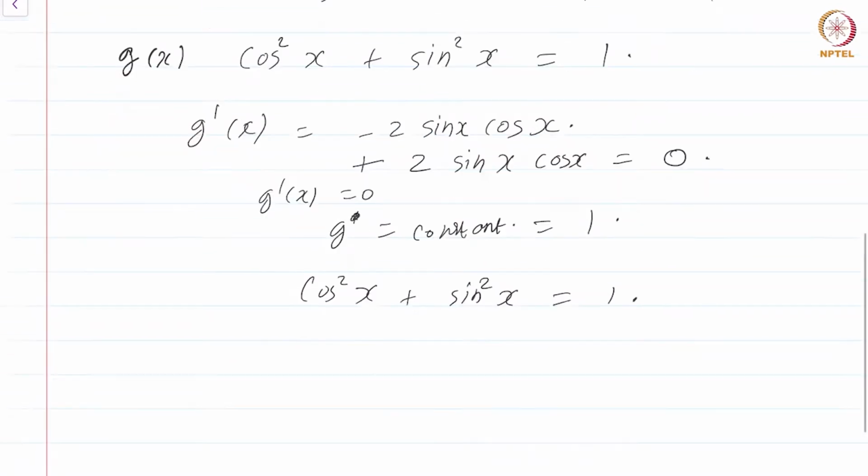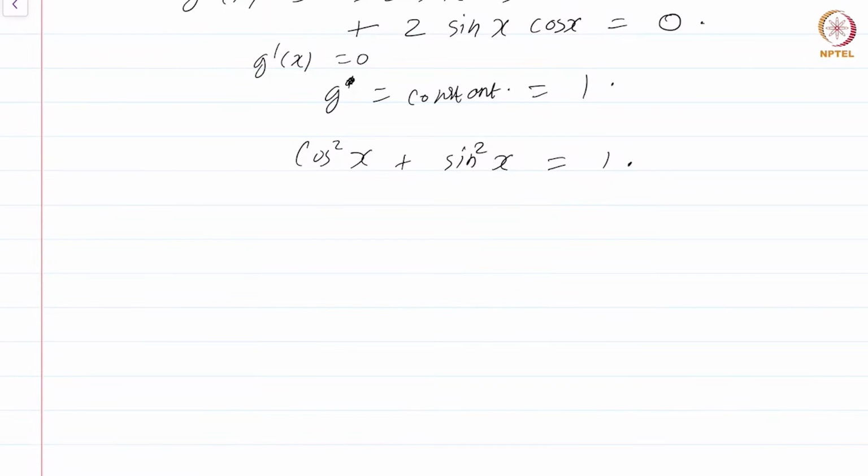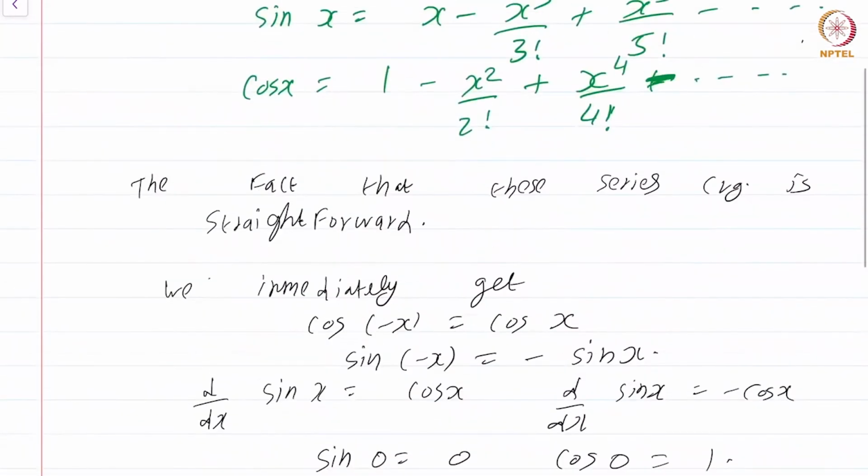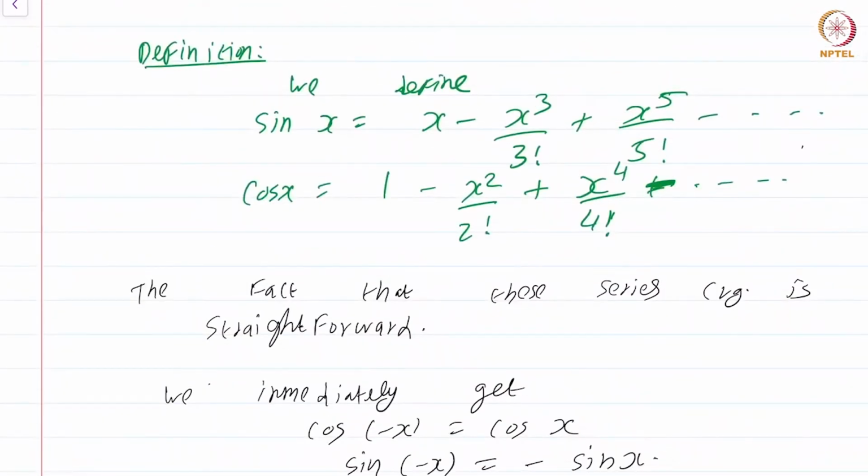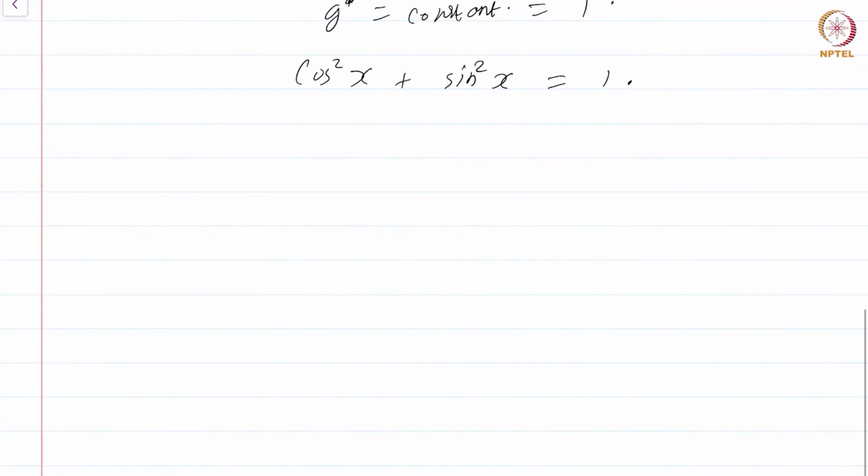Now, how do we know that these power series I wrote down are the definitions? How do we know that these two must exactly be the sine and cosine functions that you are familiar with from high school? Well, we know that because of the following theorem, which is very similar in spirit to the earlier theorem which we saw on the exponential function.